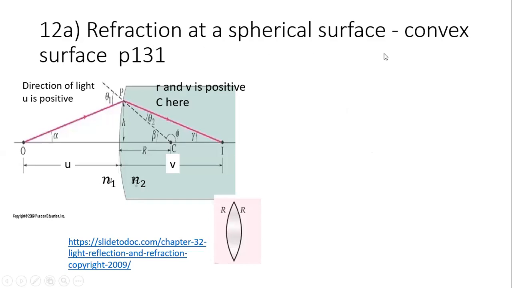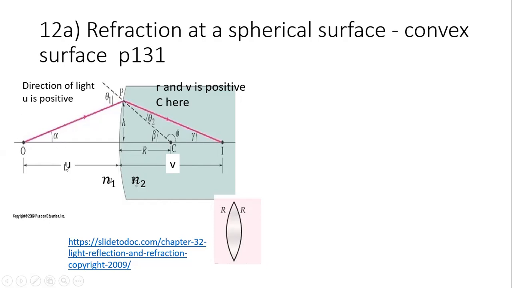Refraction at a spherical surface, convex surface. Think of this as your convex lens, if you like. Same idea. This is your object there. There's the ray coming from the object, and then it is refracted to the image there. This is the object distance, u. That's the pole there, and that is your v, the image distance. n1, n2, that's the direction the light comes through.